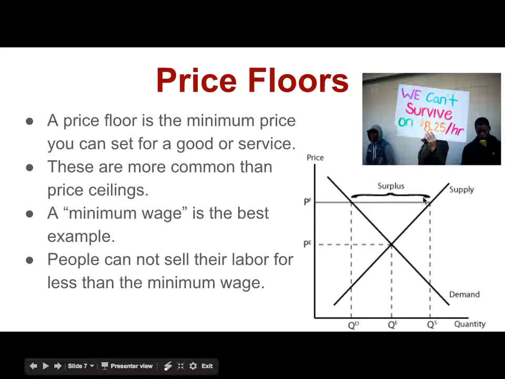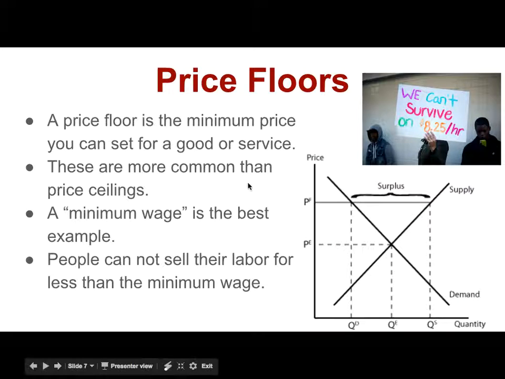And this creates a surplus, or in this case, a surplus of workers, people who are willing to work but don't have a job. What you get is you get unemployment. People cannot sell their labor for less than a minimum wage. Producers are not willing to pay that larger amount, and therefore we get this gap.